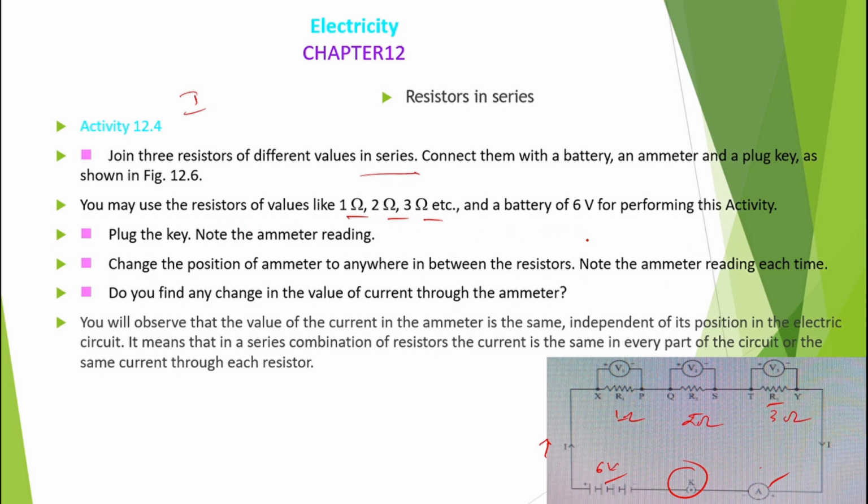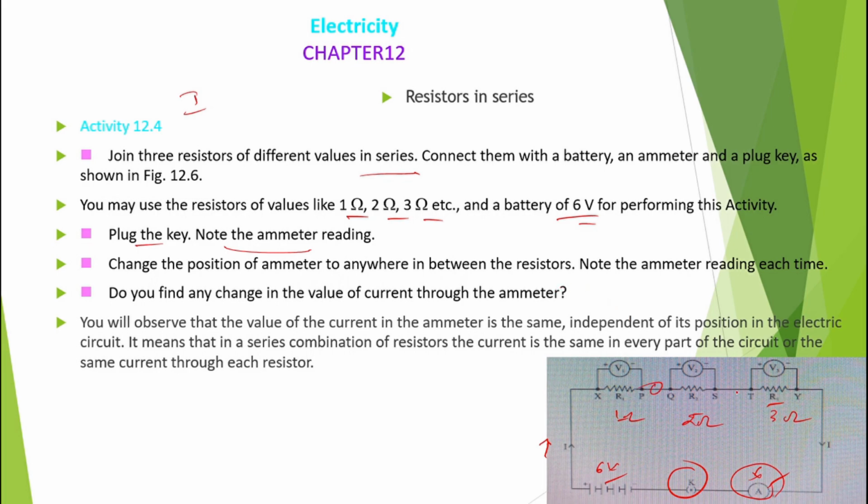To perform this activity you need 1 ohm, 2 ohm, 3 ohm resistors and a 6 volt battery. Plug the key and note the ammeter reading. Switch on the switch and measure the ammeter reading. Change the position of the ammeter to anywhere in between the resistors.